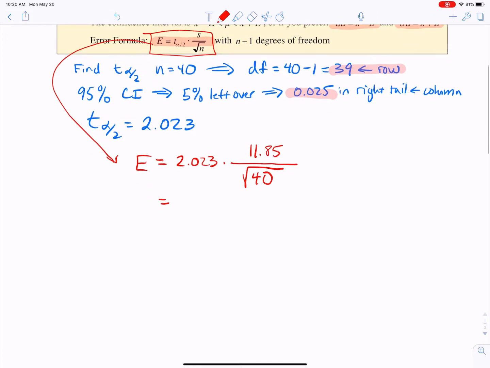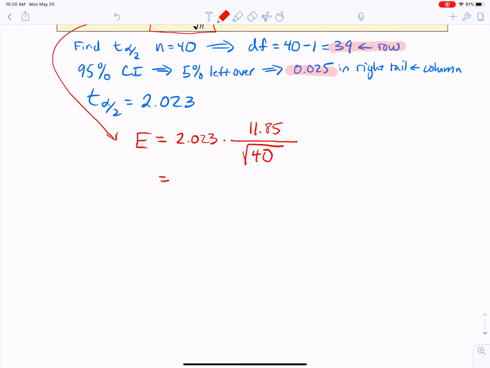Okay, so now to do the order of operations here, we would do the square root of 40 first, divide that into 11.85, and if you do 11.85 divided by the square root of 40, you get 1.873649, so I'm going to call that a 5. And then you multiply that by 2.023, and your margin of error turns out to be 3.79 rounded off. All right, so that's our margin of error.